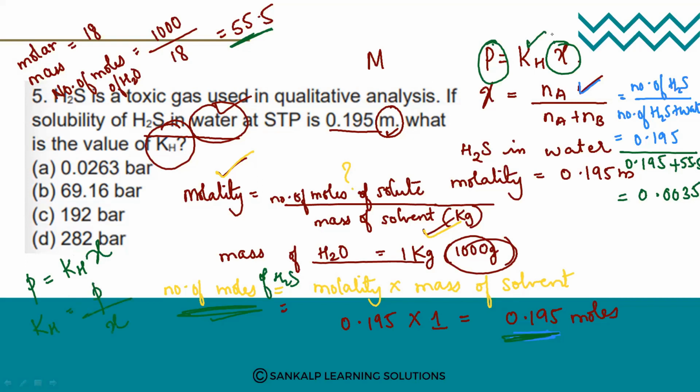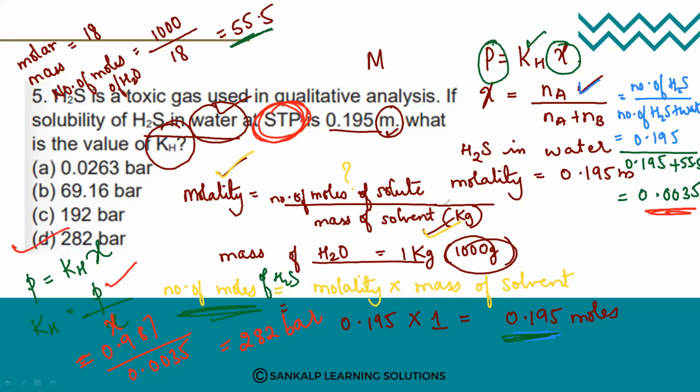Partial pressure is given as 0.987, standard pressure at STP, and psi, the mole fraction, is 0.0035. After solving, 0.987 divided by 0.0035 will be 282 bar. So our option D is the right answer.